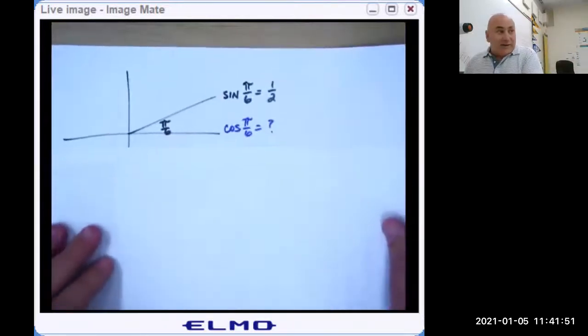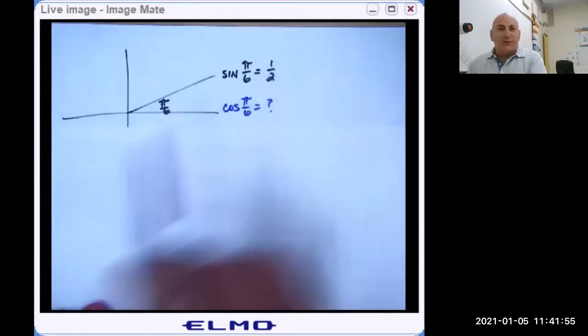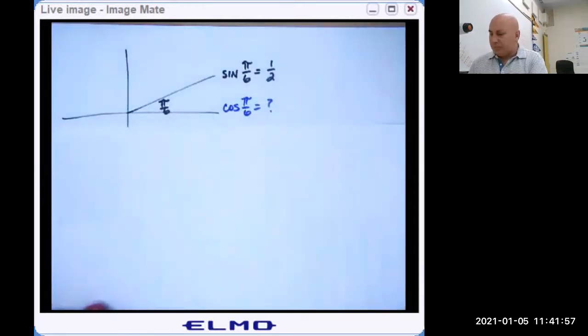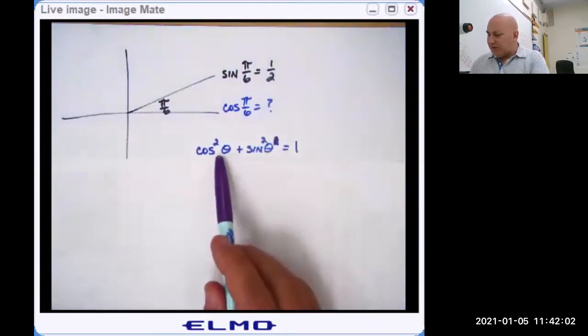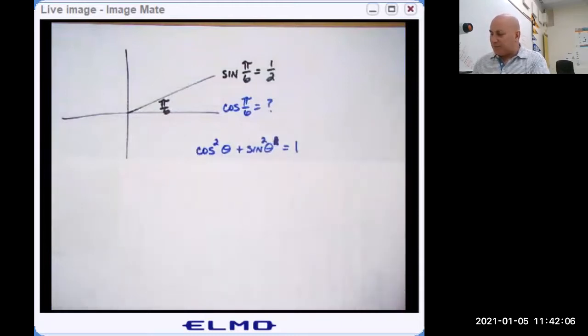So what if we start with 30 degrees or pi over 6. I tell you that the sine of pi over 6 is 1/2. What's the cosine? Well, we know that sine squared theta plus cosine squared theta equals 1.